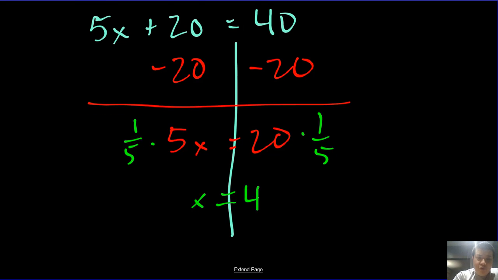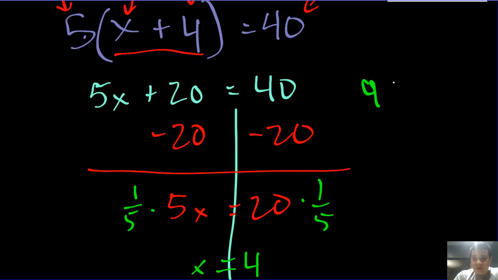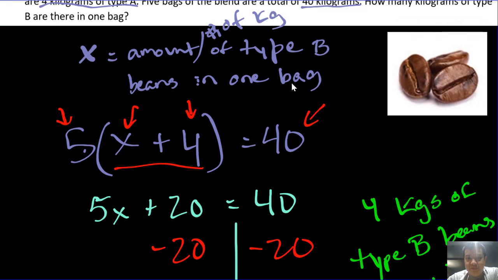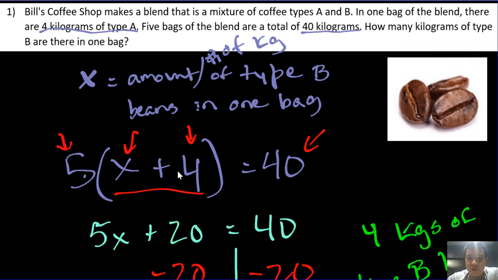So there's 4 kilograms of type B beans in one bag. It makes sense because 4 plus 4 is 8, and 8 times 5 is 40.